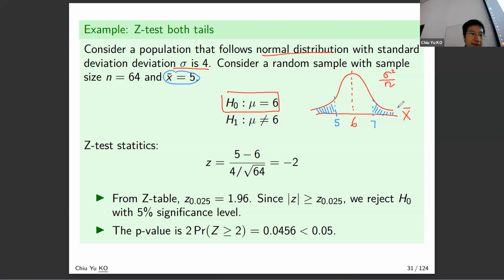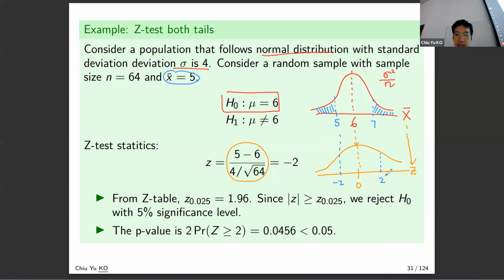If you do the same calculation, which I'm not going to repeat, you can convert to Z: 6 becomes 0, and 5 goes down to -2, and 7 is 2. It's just 1 SD, so 2 SD below.